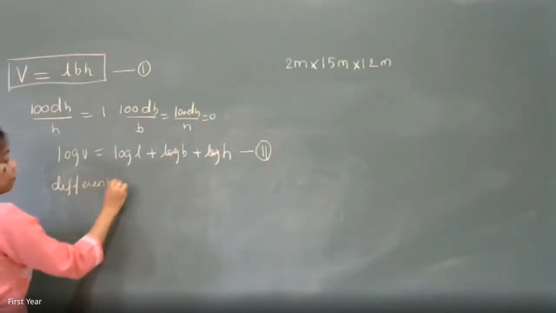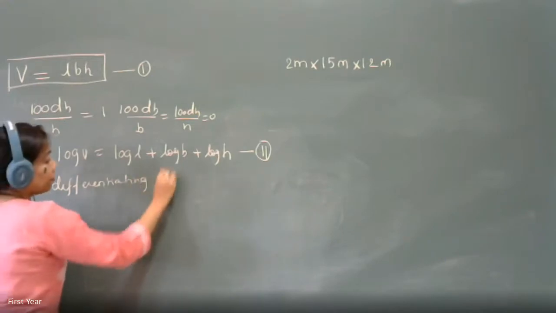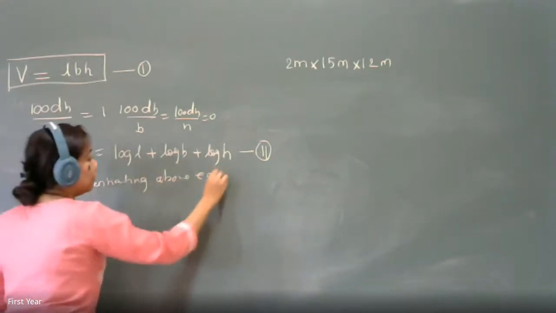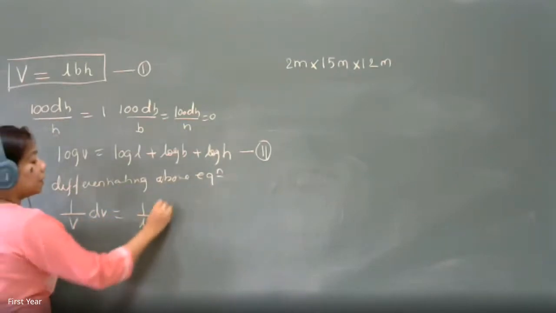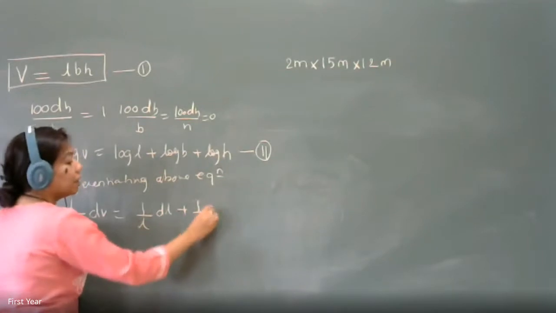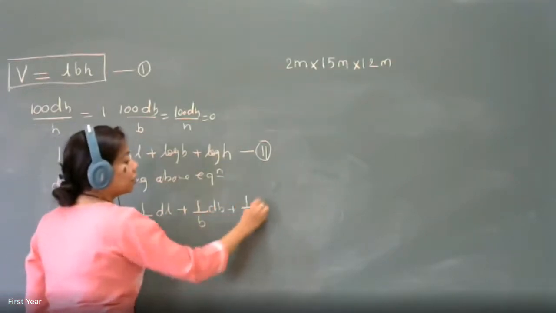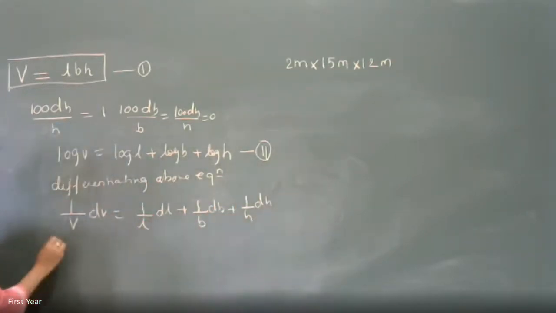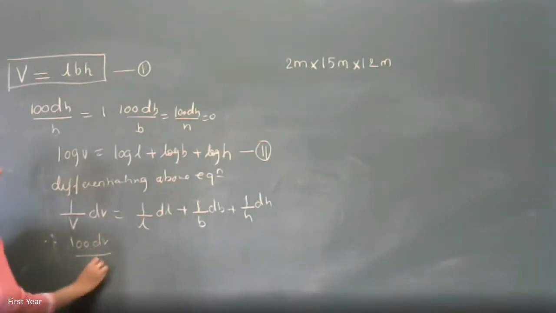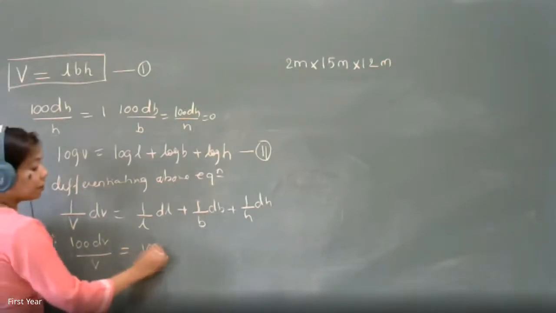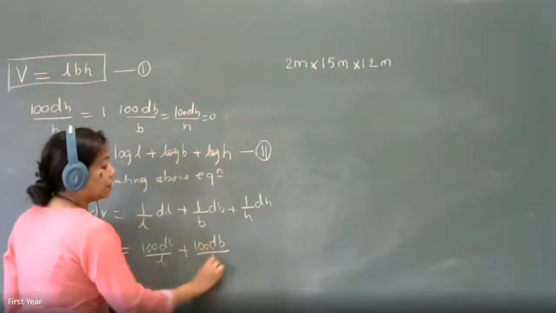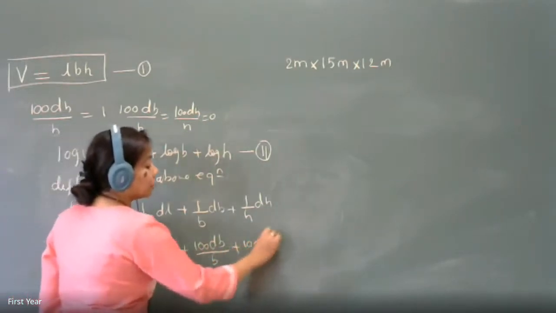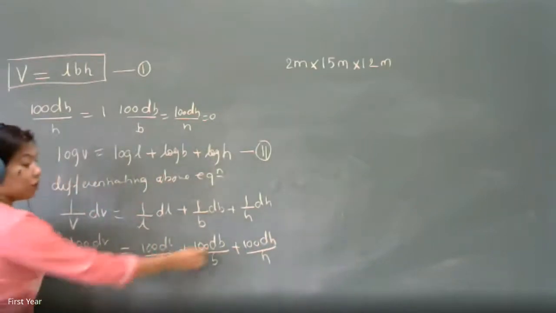Differentiating the above equation, we get 1 by V dV is equal to 1 by L dL plus 1 by B dB plus 1 by H dH. Therefore, 100 dV by V is nothing but 100 dL by L plus 100 dB by B plus 100 dH by H. But this is 0, this is 0.